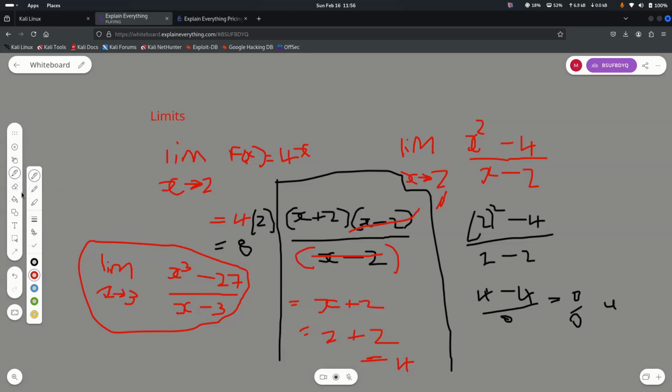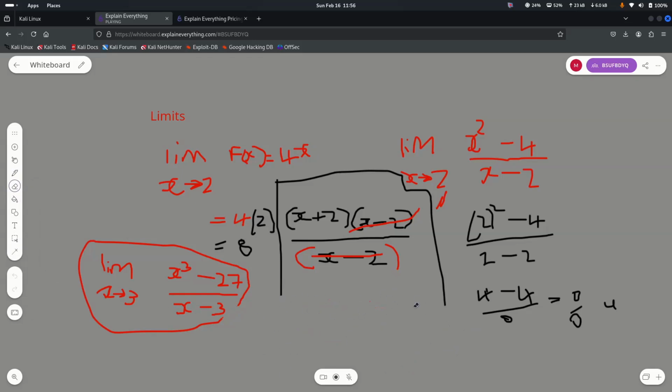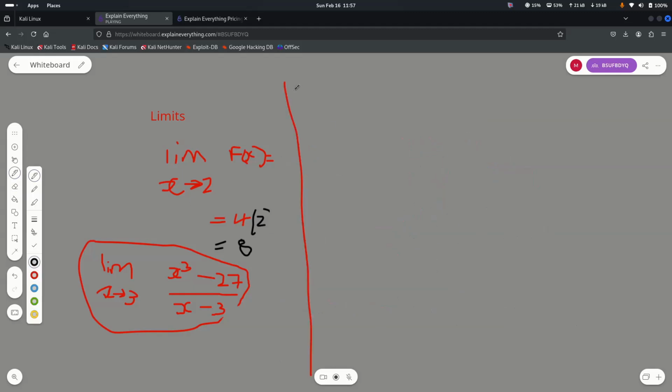Okay, I'm going to give you another example. Let me wrap this off so that I can provide another example. I have this kind of an example again.